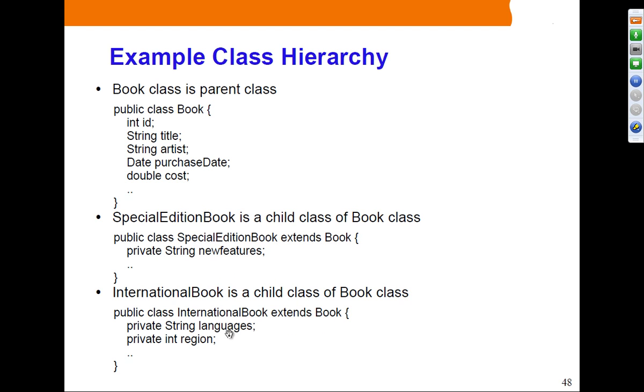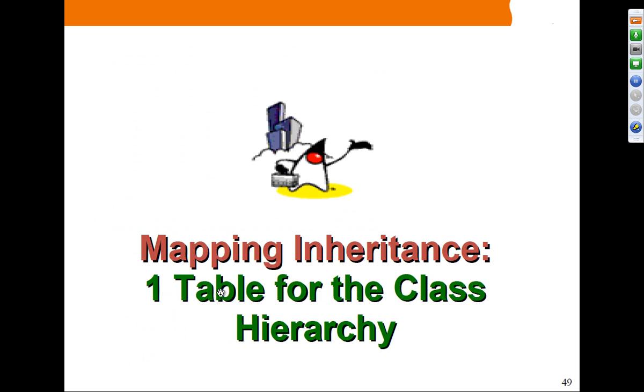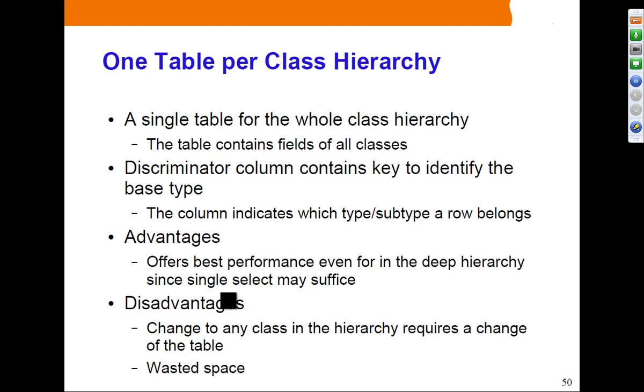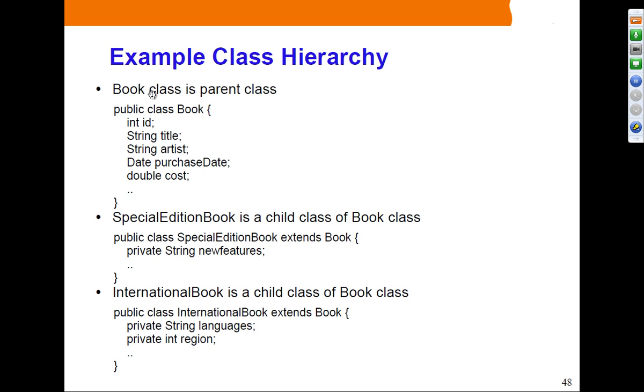Every field of every class in this hierarchy will be represented in a single table. Now, there is what is called the discriminator column. This column indicates which type that particular row of the table represents, or which subtype the row belongs to. It will say something like book, or special edition book, or international book.